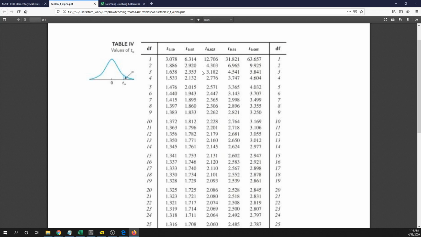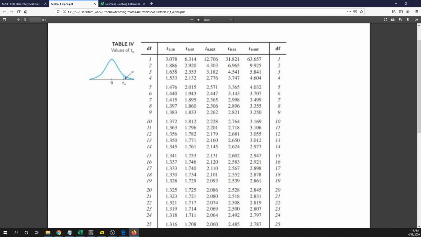The reason why there's not just one table like the Z table is that with the Z table there's no degrees of freedom. It's just one standard normal distribution, so you can give the values down to a more precise level. Remember, when you're dealing with this t distribution, you've got the degrees of freedom as well.